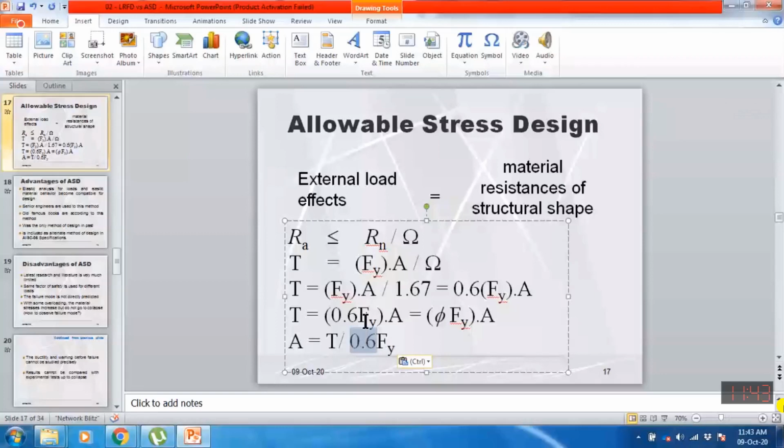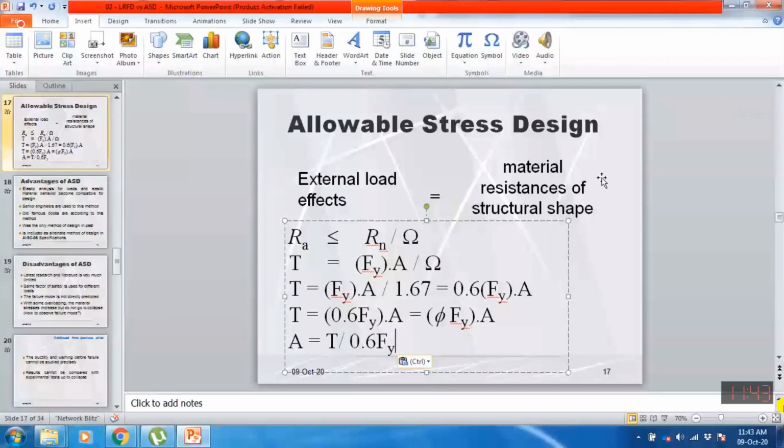So this is the ASD. In ASD, we use a factor of safety only on one side of the equation, the right side, and the material strength or material resistance of the structure shape is divided by a factor of safety called omega, and 1 over omega is referred to as phi value.